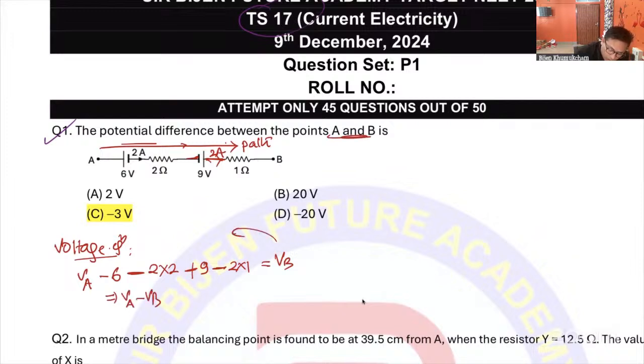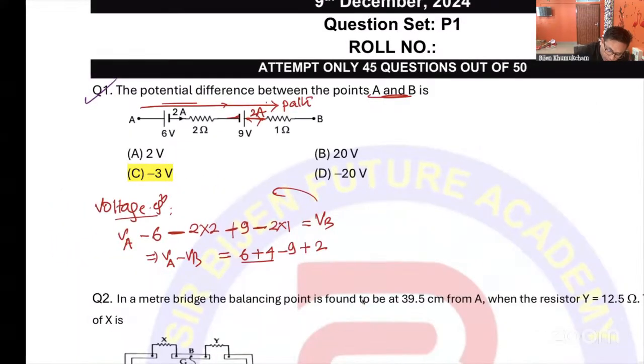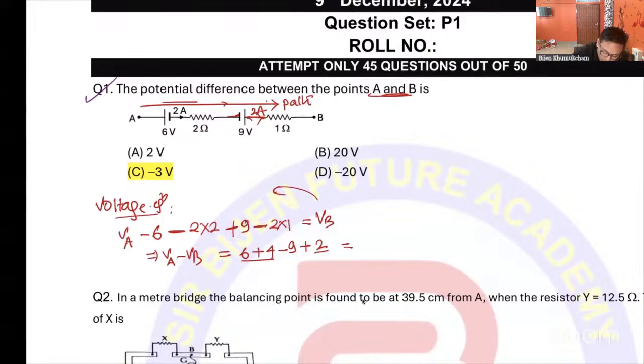So VA, from the equation: 6 plus 4 minus 9 plus 2. It is 10, 12, 12 minus 9 is 3. The potential difference between the points A and B, VA minus VB.